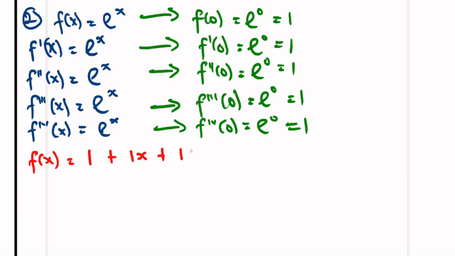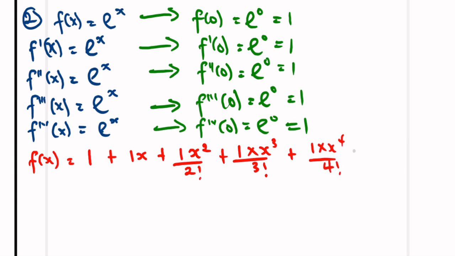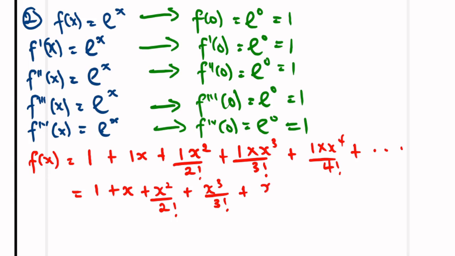So that should give us 1 times x squared over 2 factorial plus 1 times x cubed over 3 factorial plus the fourth derivative 1 times x raised to the power 4 over 4 factorial plus dot dot dot. This is 1 plus x squared over 2 factorial plus x cubed over 3 factorial plus x raised to the power 4 over 4 factorial plus dot dot dot. So this is our answer.